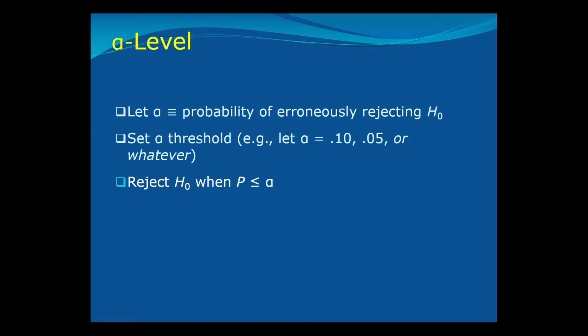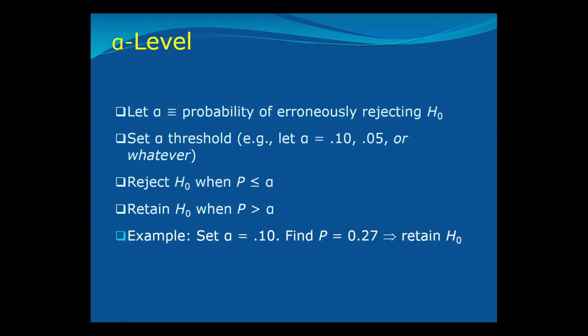Then the rule is the next one. We need to reject H0 when the p-value is less than or equal to alpha. Retain H0 when the p-value is greater than alpha. Example: if we set alpha equal to 0.1 and the p-value is 0.27, we need to retain H0, and we make our conclusion that there is not enough evidence to reject H0.